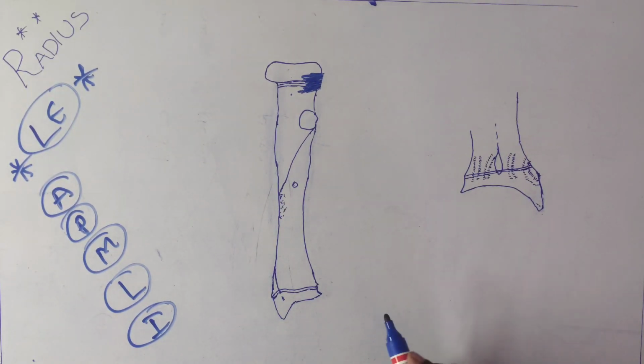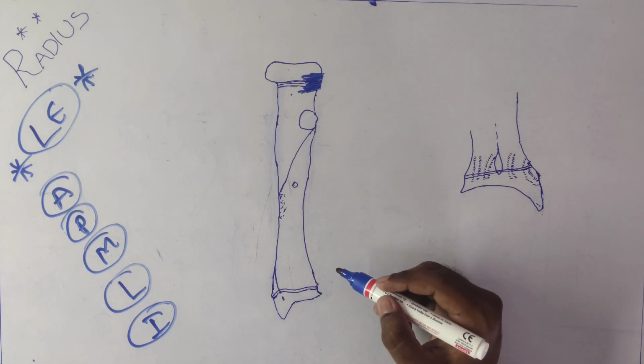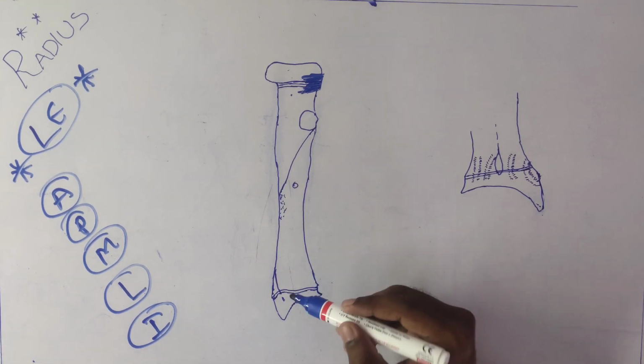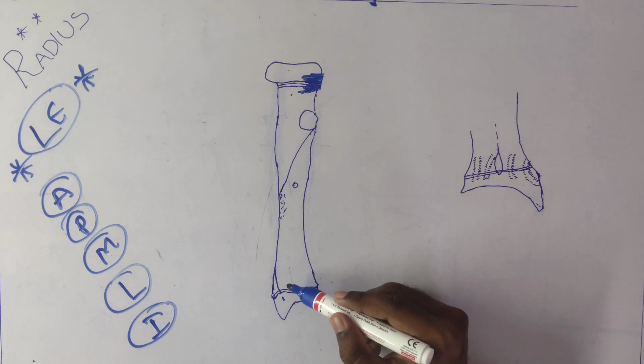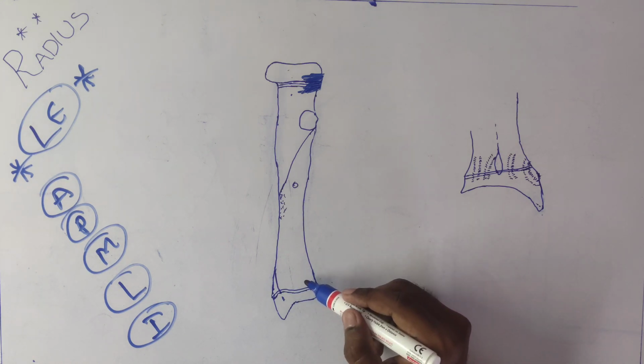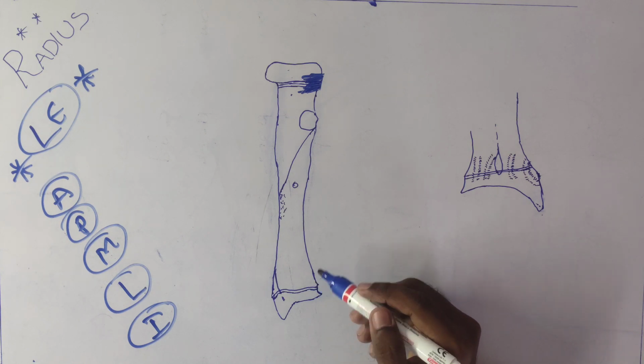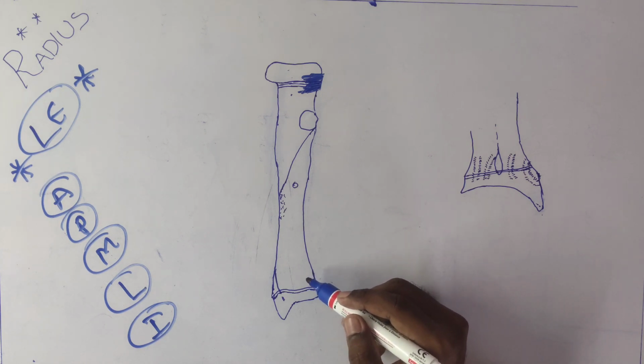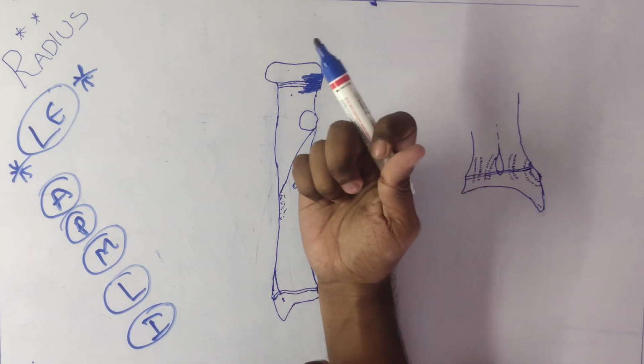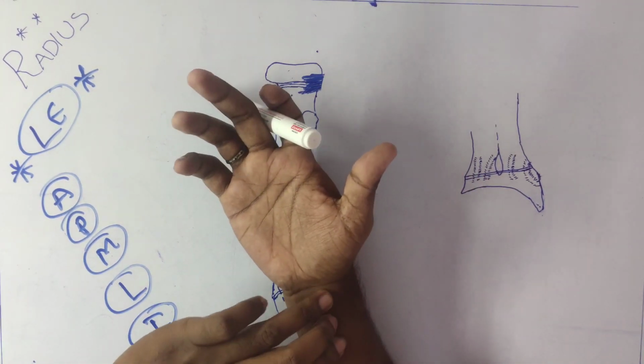Now the anterior surface. The anterior surface has a prominent ridge, and the radial artery is palpated against the surface. The radial artery is placed superficial to the anterior surface of the radius bone, and here we can observe the pulsations.